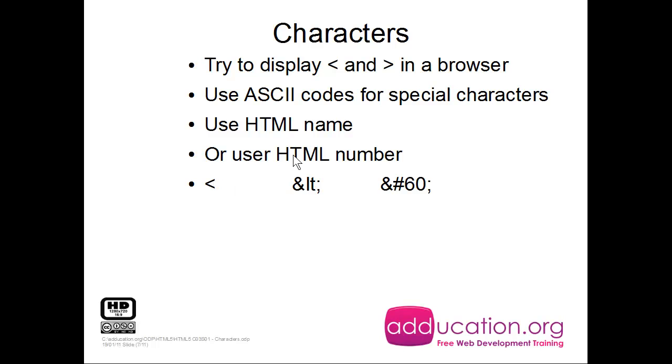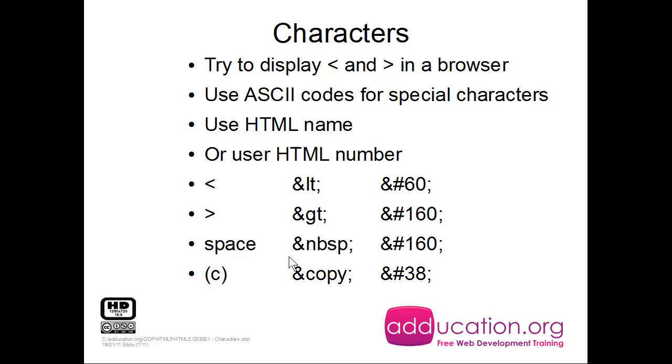I can also use the HTML number, then it's ampersand, #60, semicolon. Next one is the greater than sign, ampersand GT. I can also use the number as well. And the space, it's ampersand, nbsp, for non-breaking space. And the copyright is ampersand, copy, semicolon.